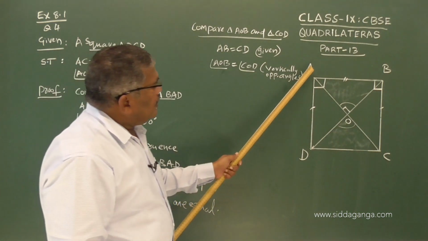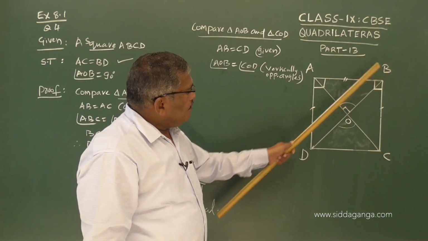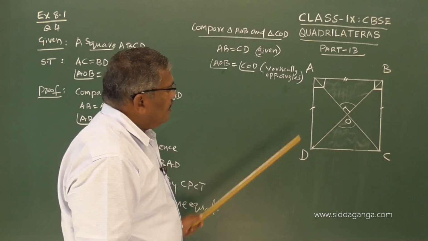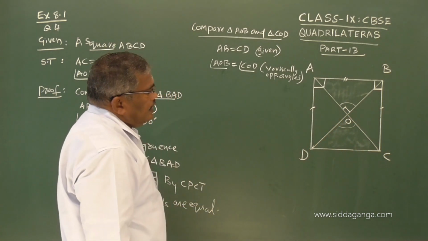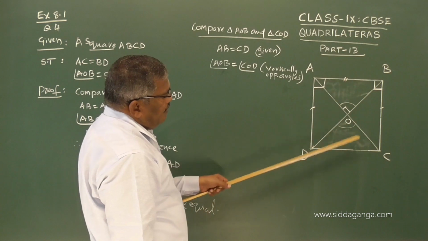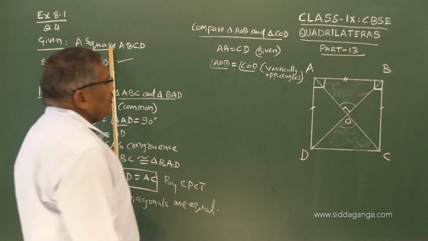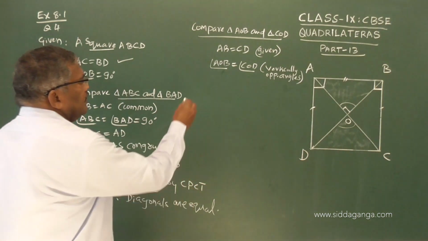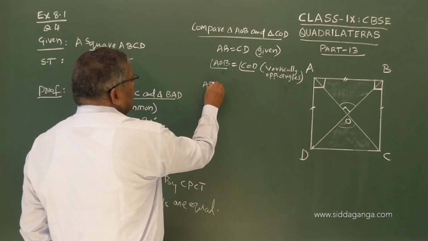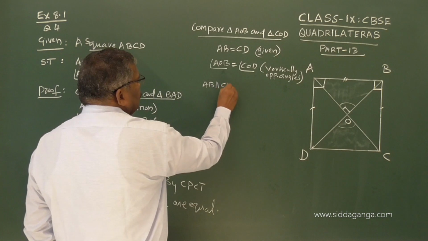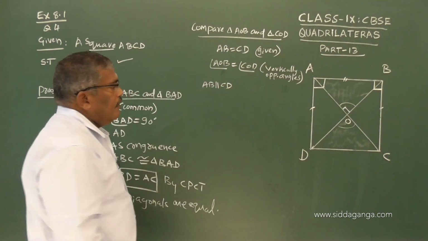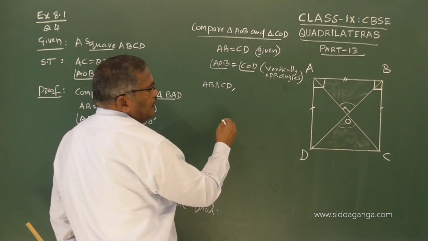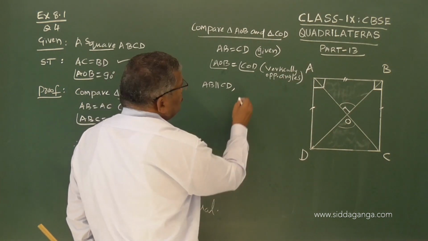In these two triangles AOB and COD, let us consider, because it is a square, AB is parallel to CD, and let us consider BD transversal.